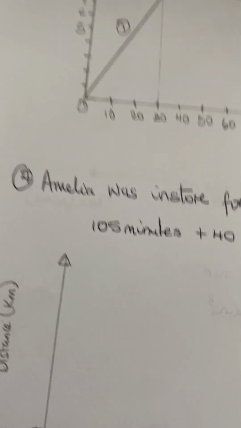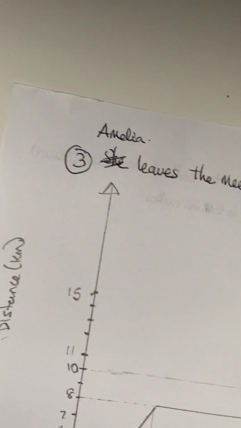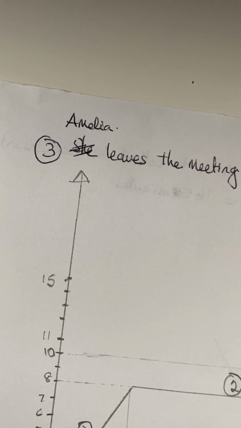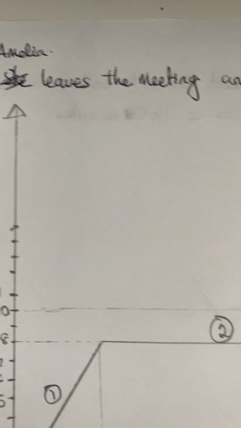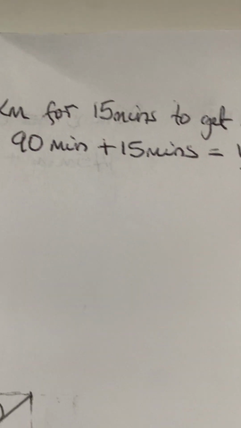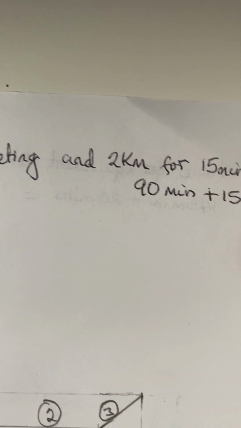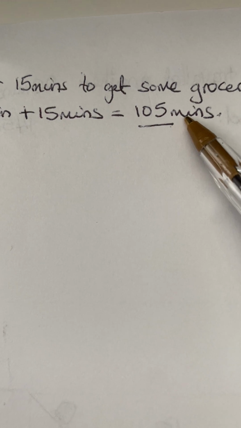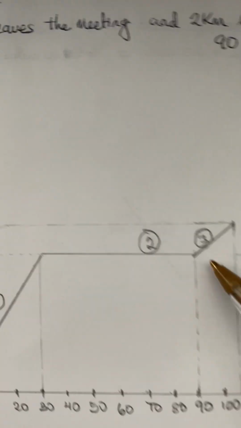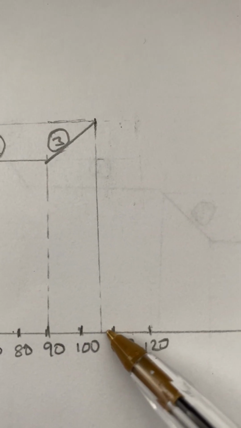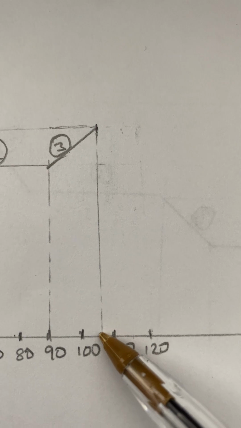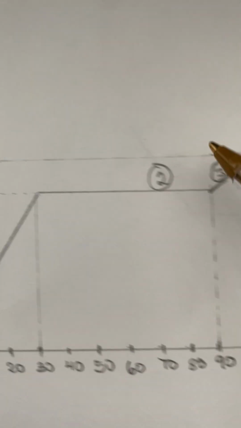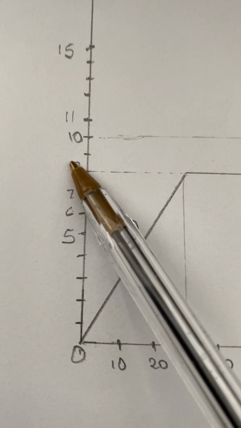If you add 15 minutes to the 90 minutes, she's now at 105 minutes. So from the 90 minutes, in 15 minutes she'll be here at 105 minutes, and she will have traveled another 2 kilometers.